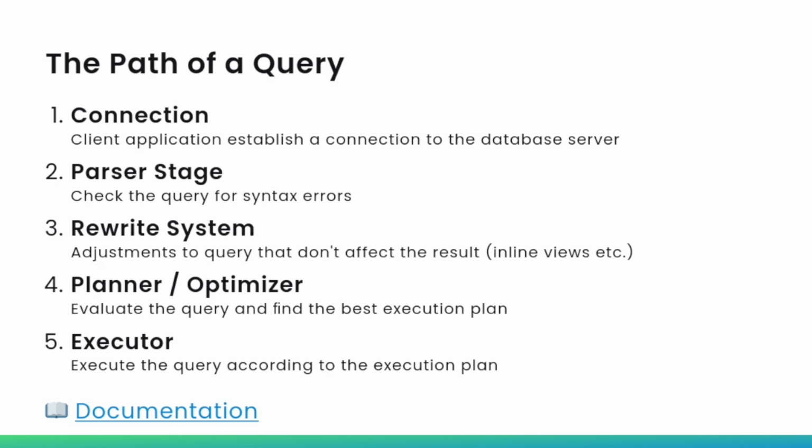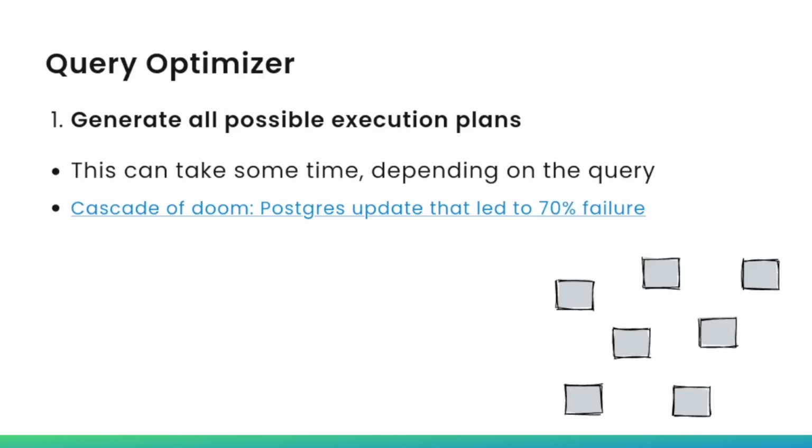So let's zoom in on the query optimizer and try to understand how it works. Postgres uses something called the cost-based optimizer. We are going to talk a little bit about the differences from other types of optimizers, but this is how a cost-based optimizer works in general.